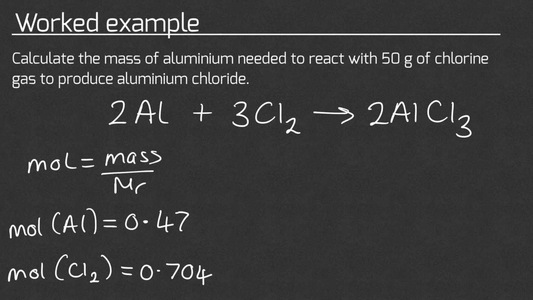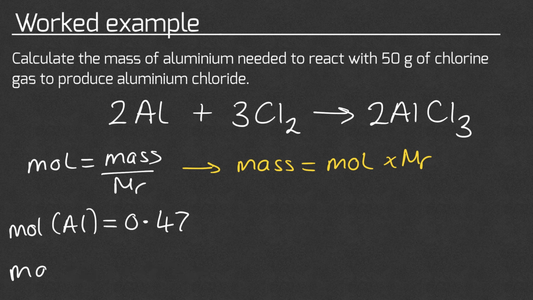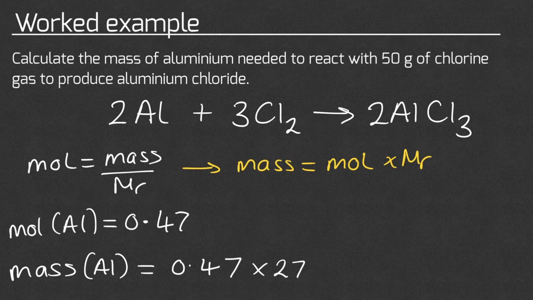And again, we'll use moles equals mass divided by relative molecular mass, rearranged to give mass equals moles times relative molecular mass, which for aluminium will be its moles, 0.47, times its atomic mass of 27, giving a final answer of 12.69 grams.